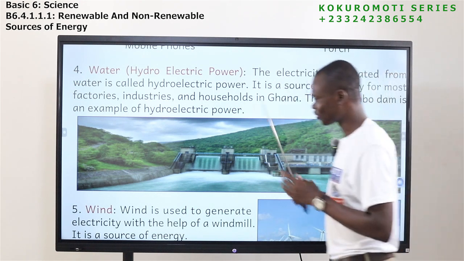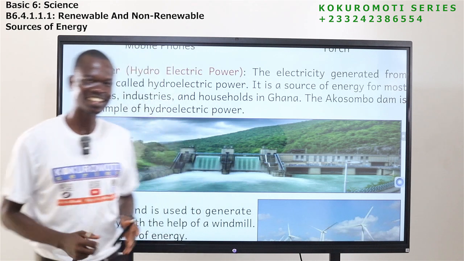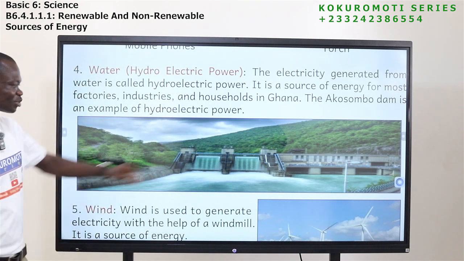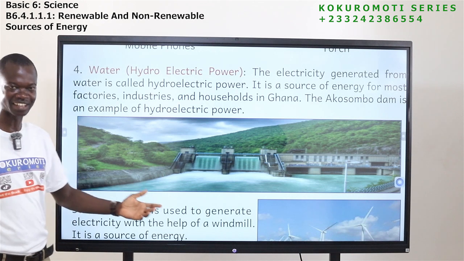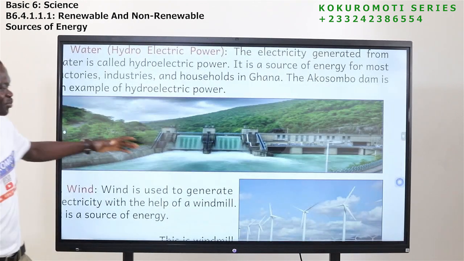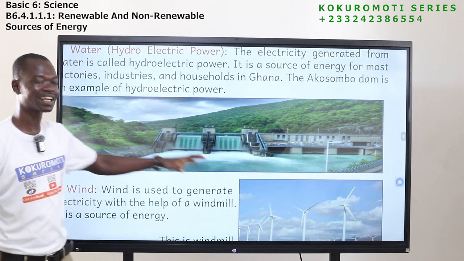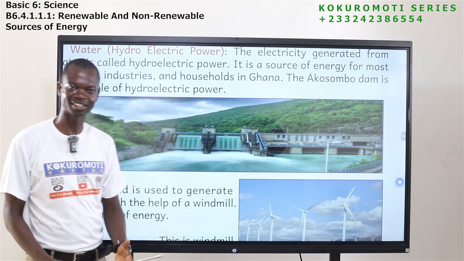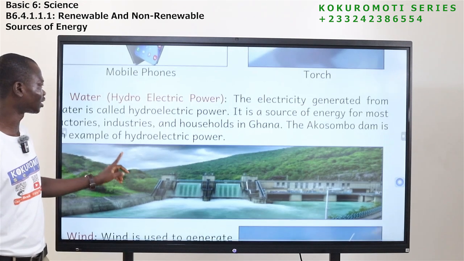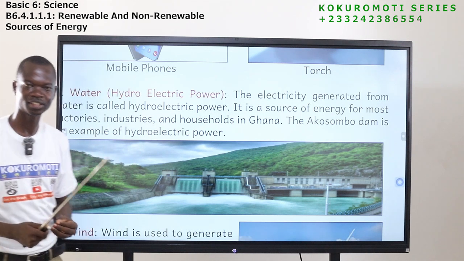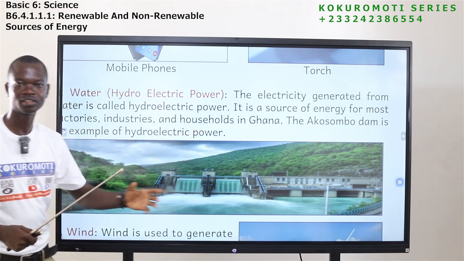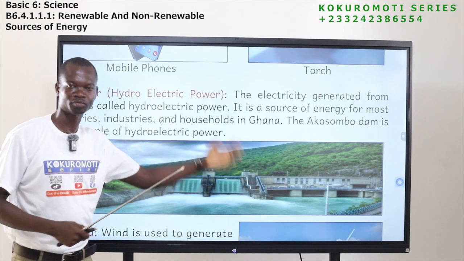Okay, so what is the common thing that you see at Akosombo Dam? What do you have inside the dam? Water, right? Very good. So water is used to generate electricity. Anytime you hear about hydroelectric power, we are talking about electricity generated from water.